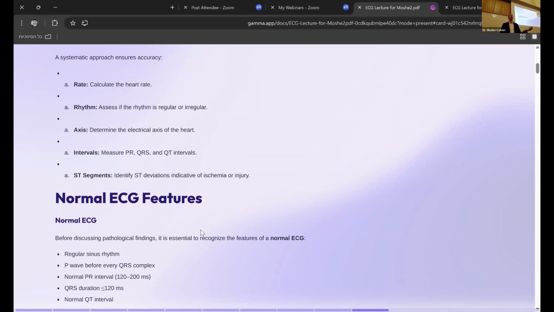And we can also have a short QT interval. Why would we have a short QT interval? QT interval, that's systole. Can you think of a reason why we would have a short QT interval? Something with electrolytes? Which ion is essential for cardiac contraction?